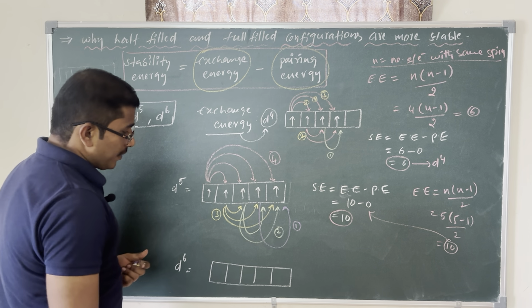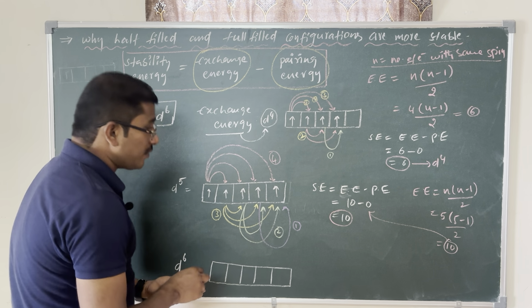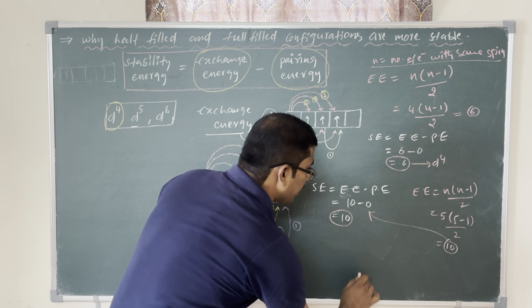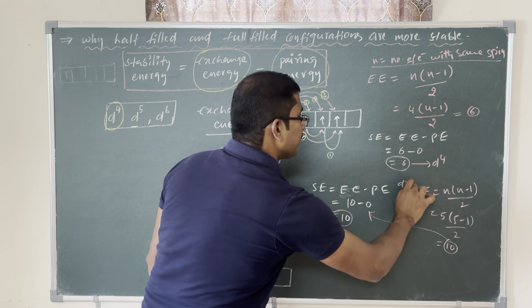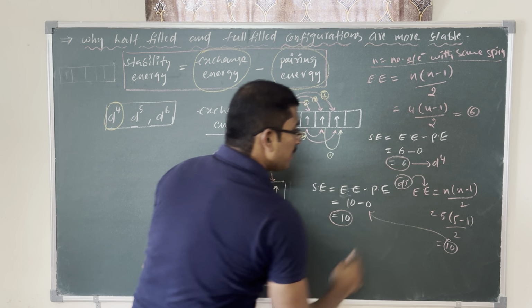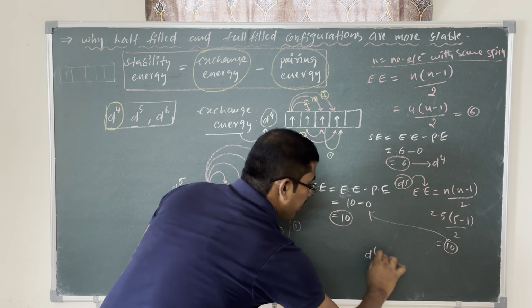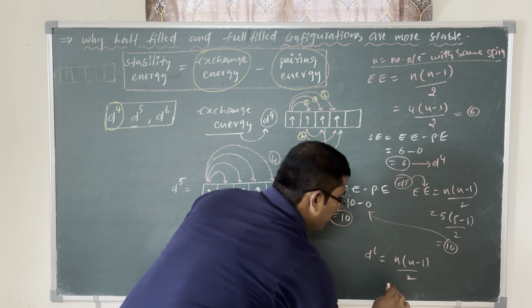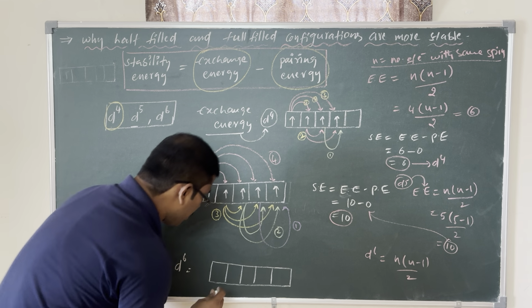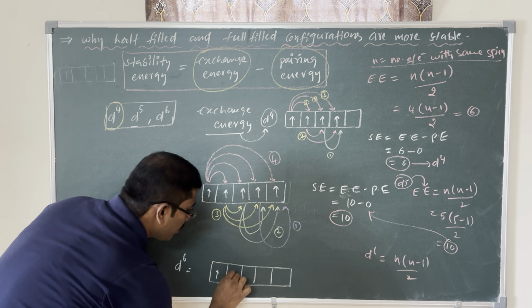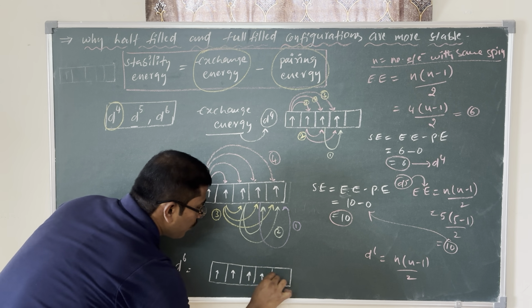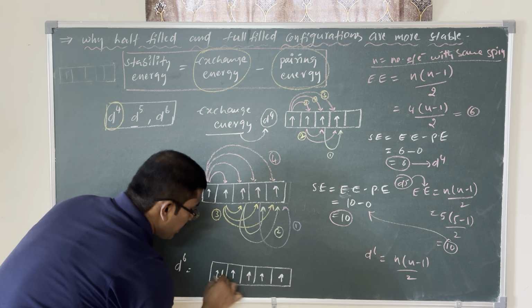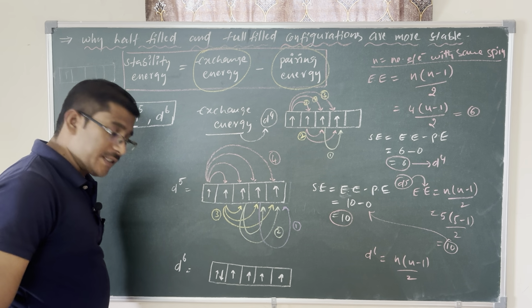Okay, now for the d6 configuration you also have to calculate. This was for the d5 configuration. Now for d6 you can calculate n into n minus 1 divided by 2. Now what is n here? 1, 2, 3, 4, 5, 6 electrons are there for the d6 configuration.